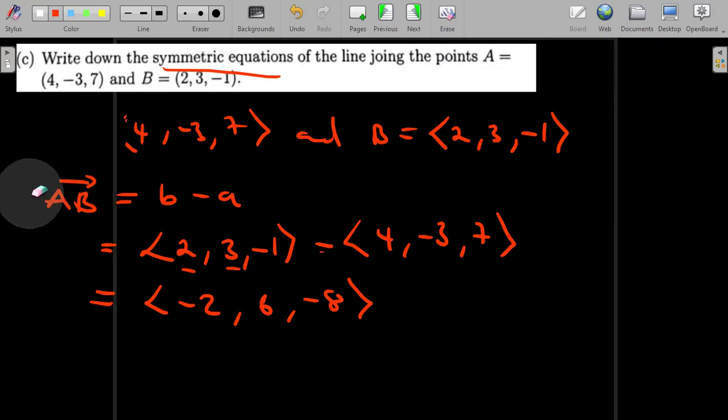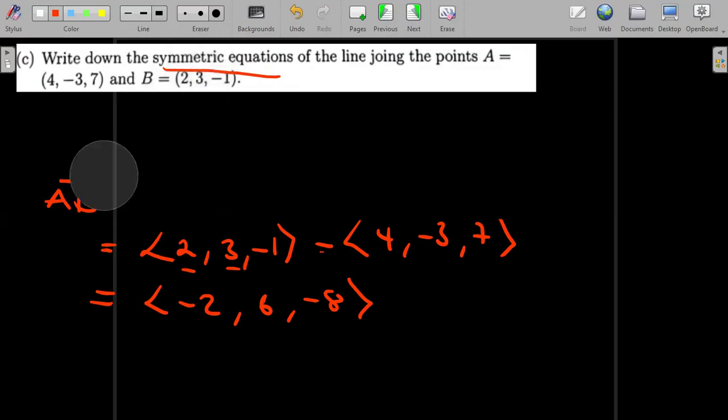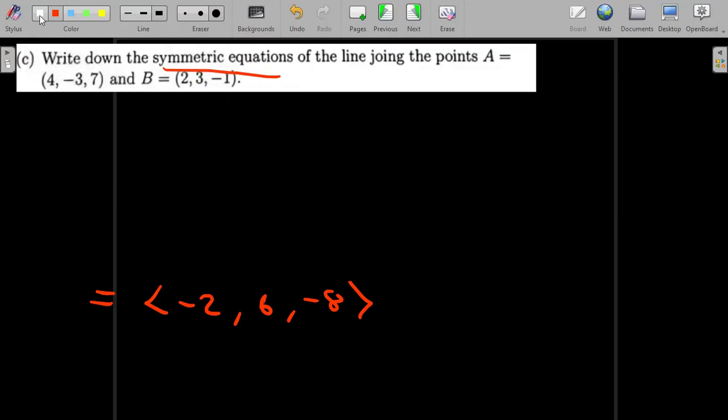Then I choose any of the 2 points joining point A and point B. I can use any of the 2 points. So I'll use A in this case, and I'll first find my vector equation.